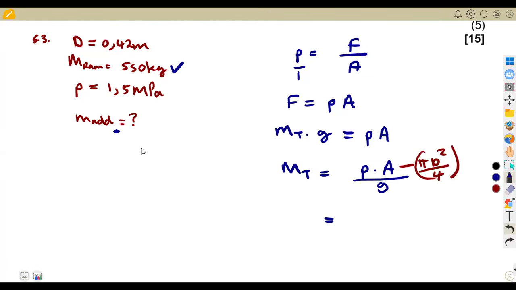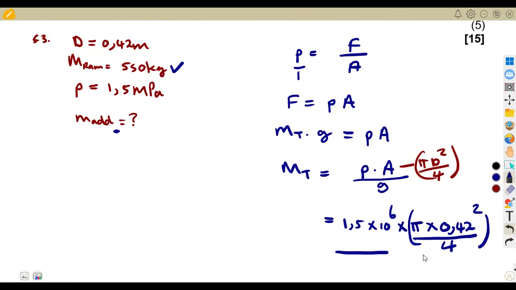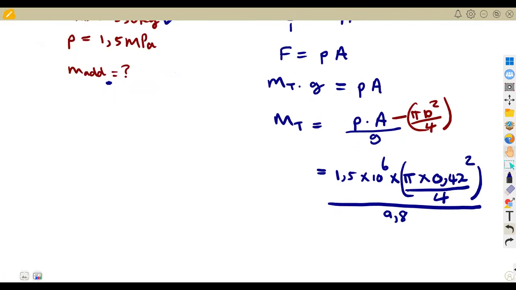Our pressure is 1.5 times 10 to the exponent of 6, times the area, pi times the diameter of the ram, 0.42 squared, over 4. So this was a straightforward question. We divide by the gravitational acceleration, which is 9.8, and there we obtain the total mass.